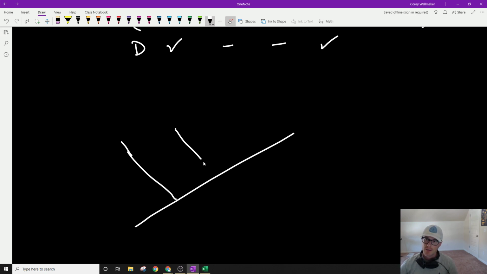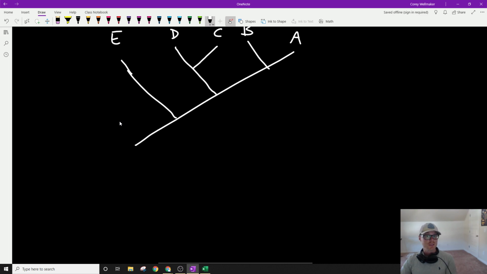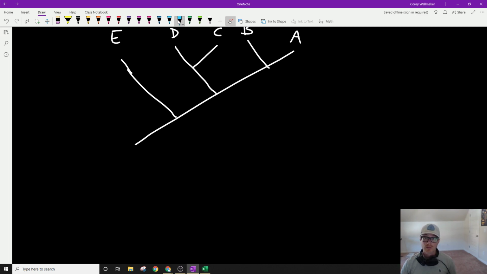So let's say I have a cladogram that looks like this. I'll put A, B, C, D, and E over here. I'm going to draw this as a river, a river of time.